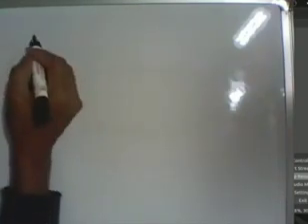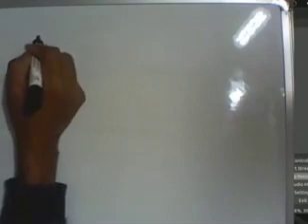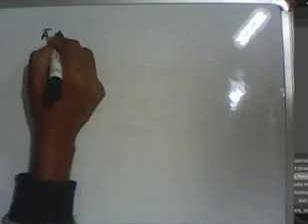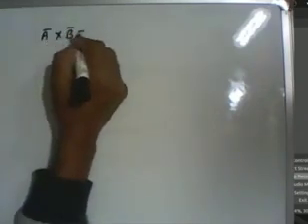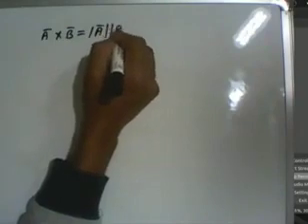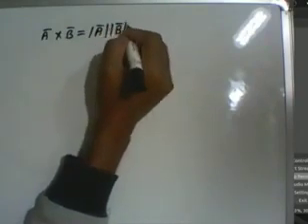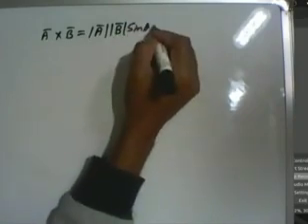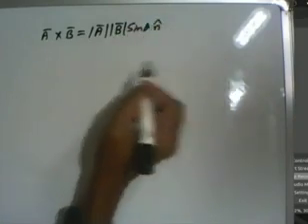The vector product or the cross product of two vectors A and B is defined as A cross B is equal to the magnitude of A into the magnitude of B into the sine of the angle between the two vectors, and the product is a vector.